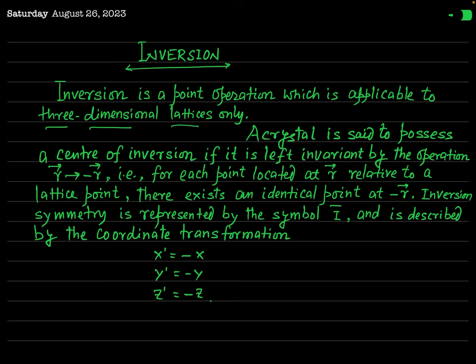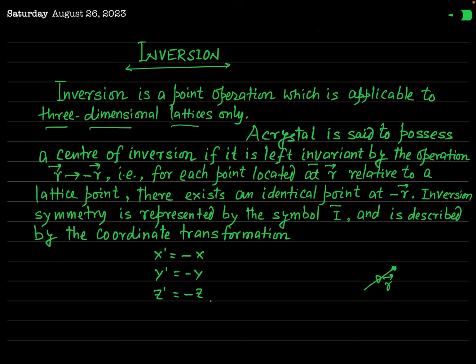Now we will see, when we say inversion symmetry operation, what does it mean? Actually, a crystal is said to possess a center of inversion if it is left invariant by the operation r changes to minus r. What does it mean? It means, let us say, if there is a lattice point whose position vector is given by r. Okay?